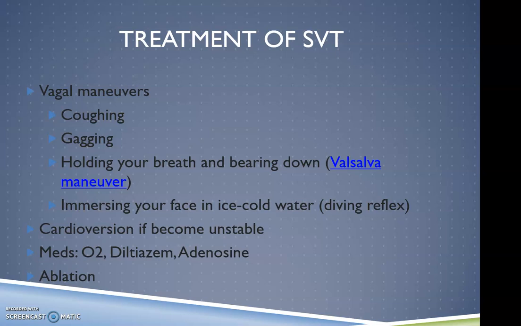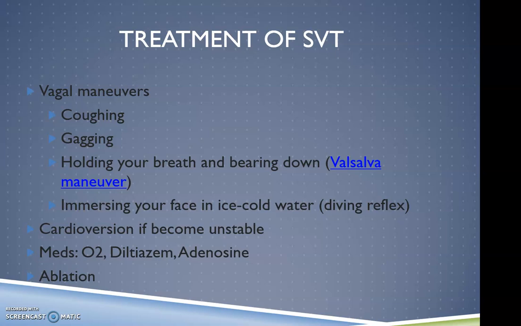What kind of medications do we use? Well, since they're in a fast rhythm and they have the potential to lose the ability to perfuse very well, we put them on oxygen. And diltiazem and adenosine are used also. Diltiazem will help slow the conduction at the AV node, and adenosine, which we're going to talk about on the next slide, actually tries to help convert the rhythm.